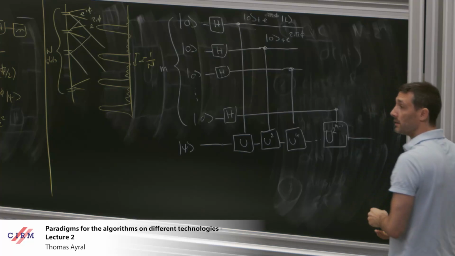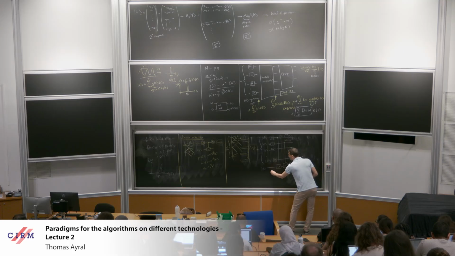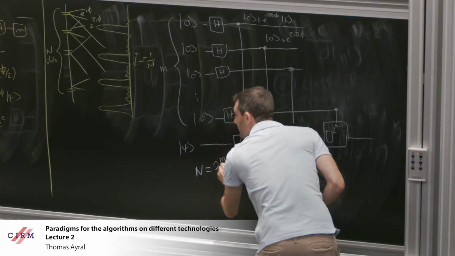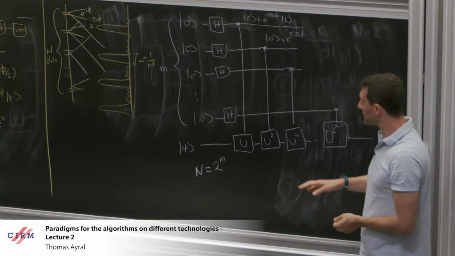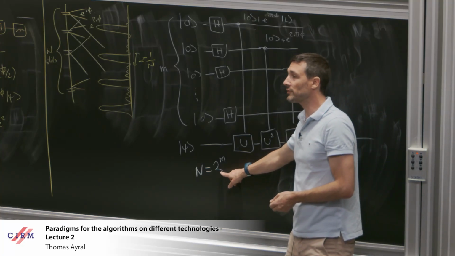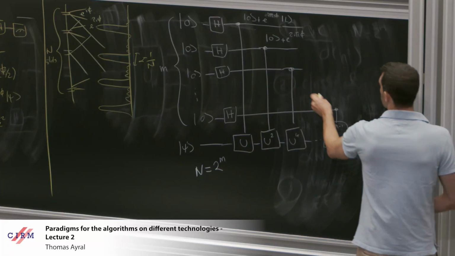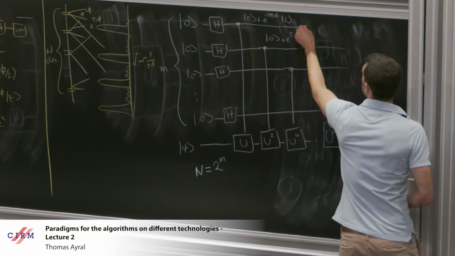All right, so this is exactly doing the n-slit experiment. The big difference is that here, my number of slits is in fact 2 to the power m. And you can more or less see where I'm getting at. Here I have an exponential number of slits. So I'm going to have an exponential precision. That's it.